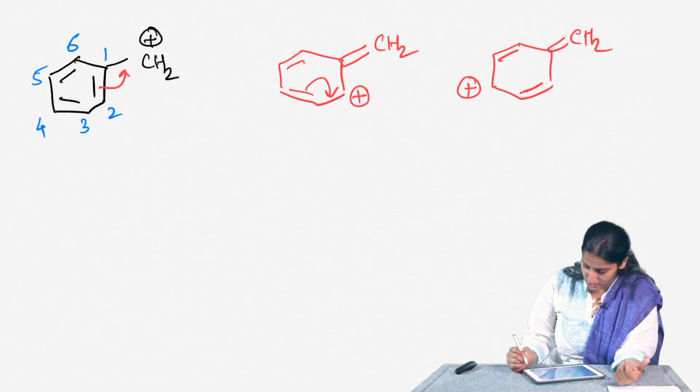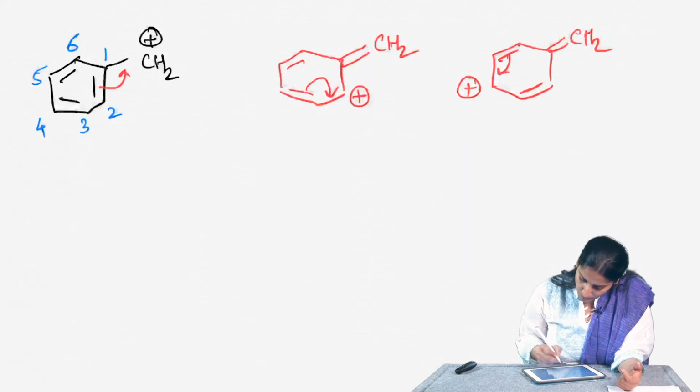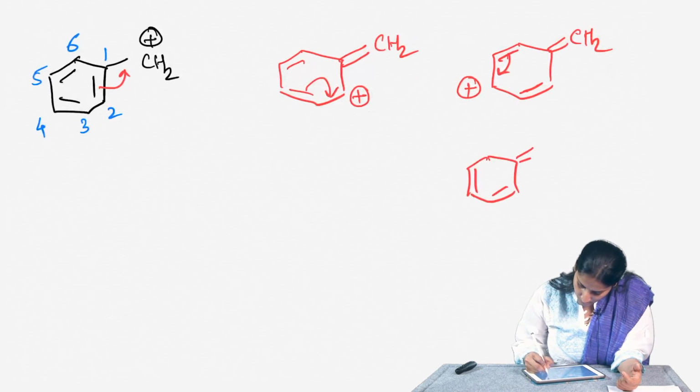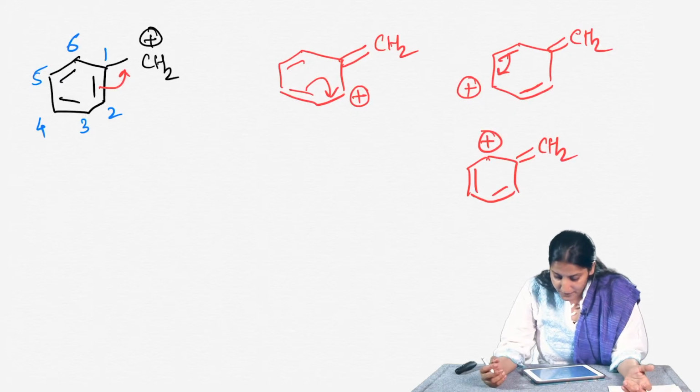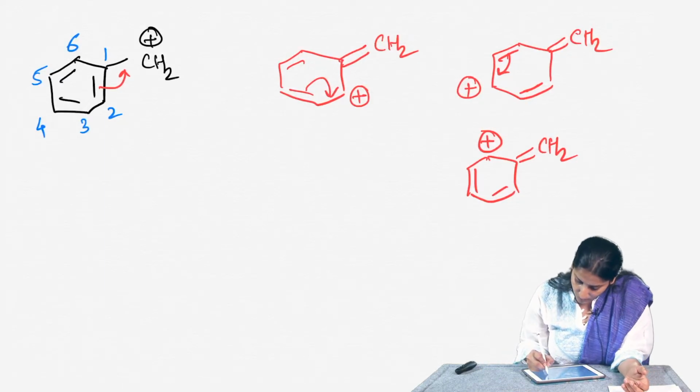So, that gets the positive charge. I can go on doing this, I can draw one more structure, and now carbon number 6 will get a positive charge, right. So, all of these are possible structures. I can go back to the first structure by pushing electrons this way.